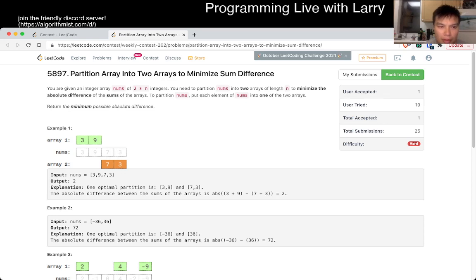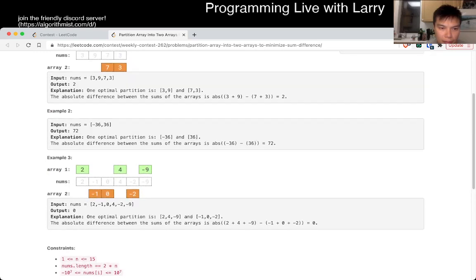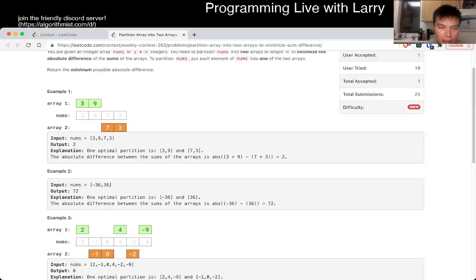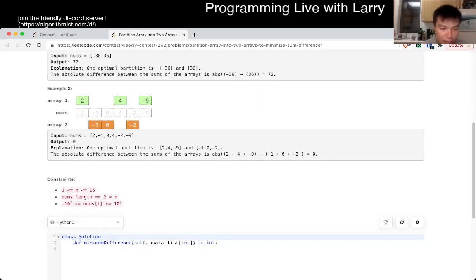Partition absolute difference between the sums and the numbers. Okay, put each element of numbers in one of two arrays. So basically, this is a weird problem, isn't it? Just okay, maybe the constraints. N is 15.